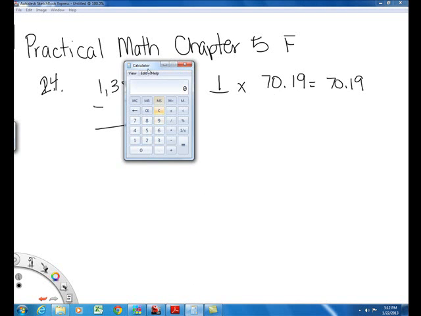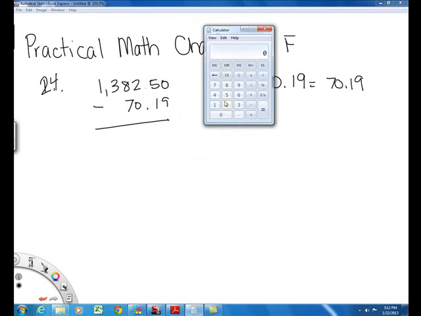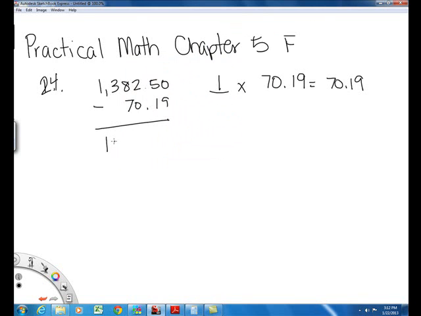So step one, subtract your allowances from your income. 1,382.50, and I will subtract out $70.19, which gives me $1,312.31.